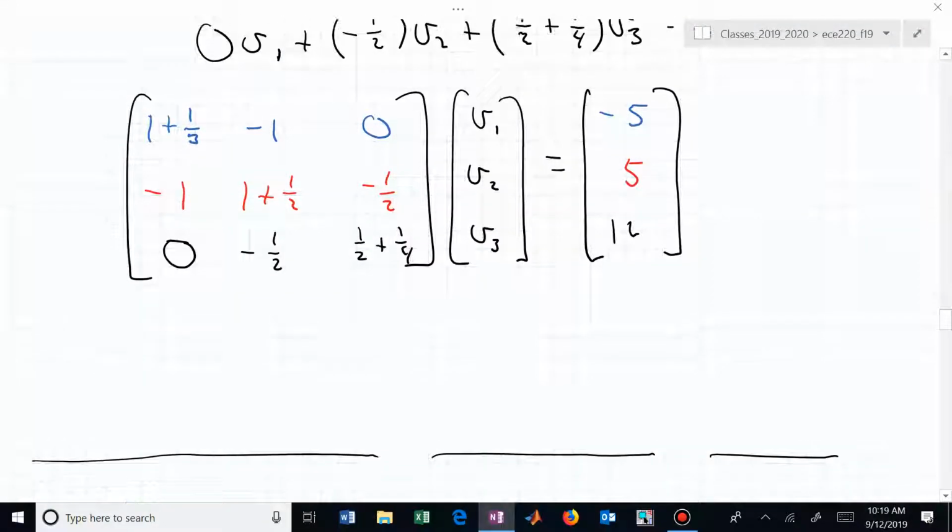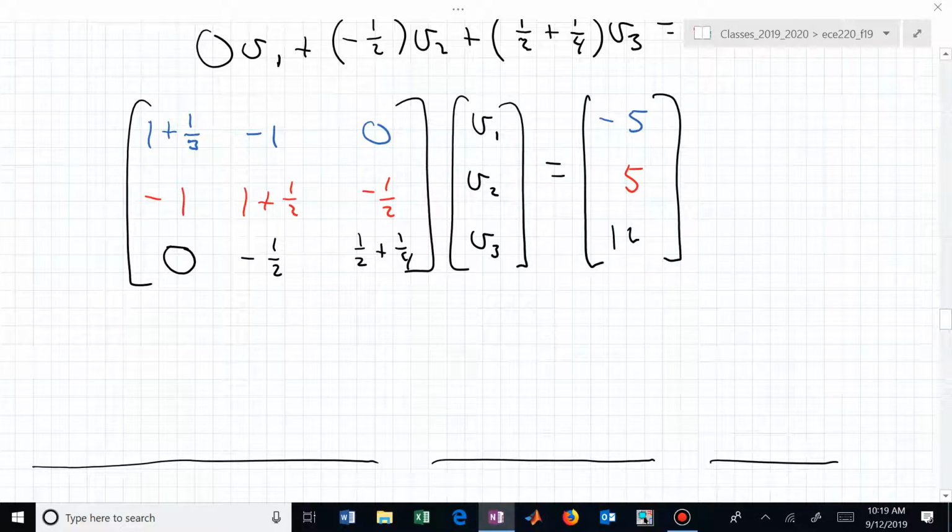What do I have? I have something times a voltage equals a current. So here's a voltage. What are the dimensions on that voltage, or that matrix of voltages? How many rows? 3. How many columns? Of the V, has 1 column. It's a 3 by 1 matrix.